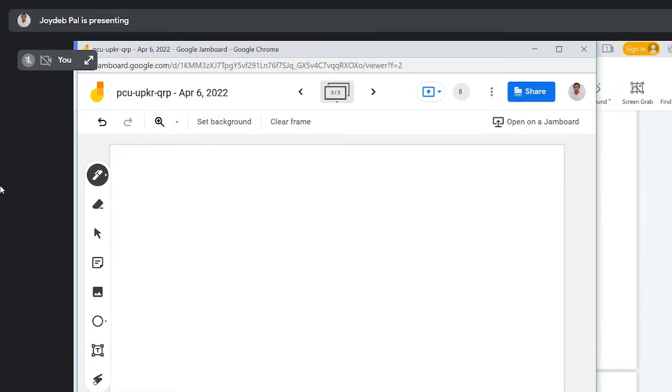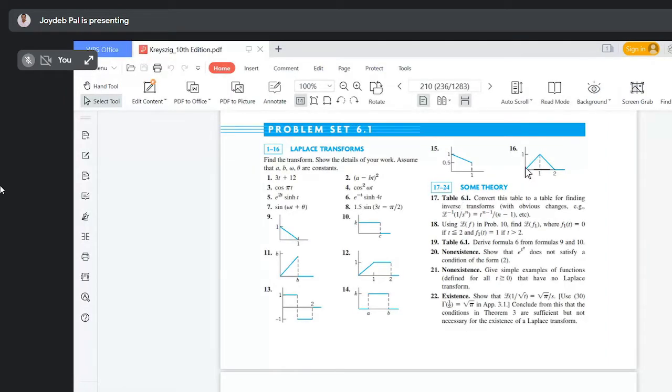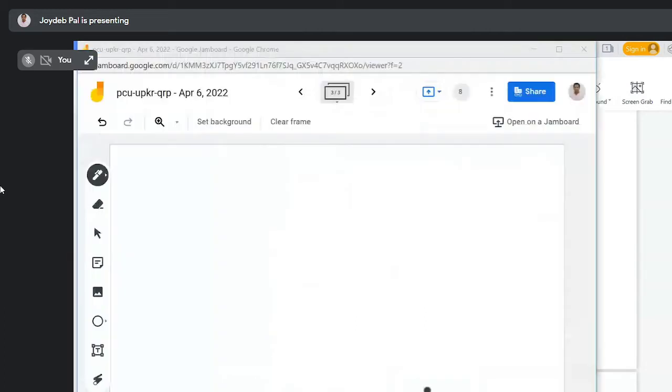And similarly, this problem 16. It is given in that way.